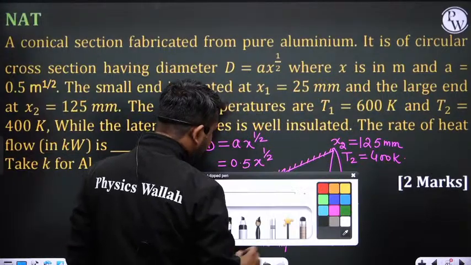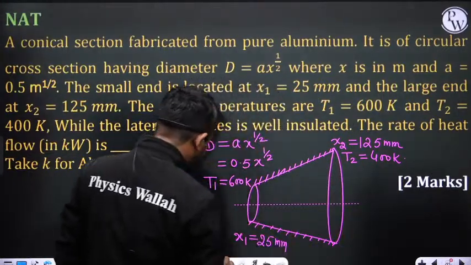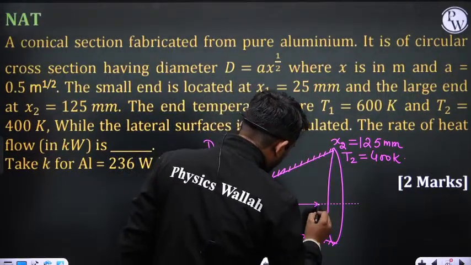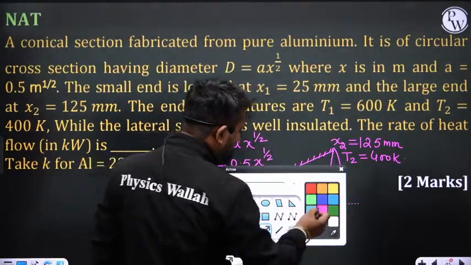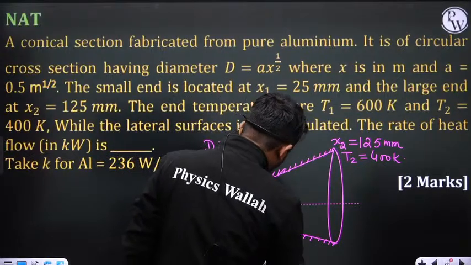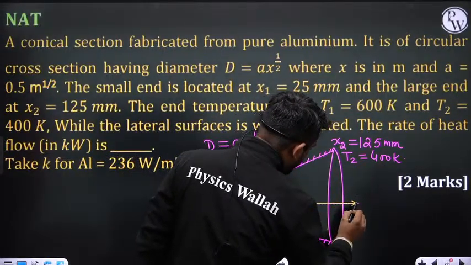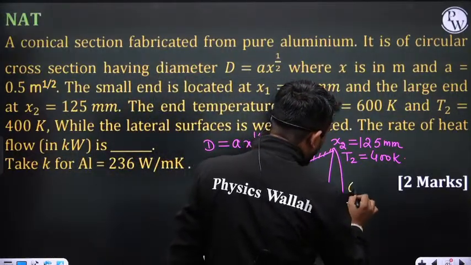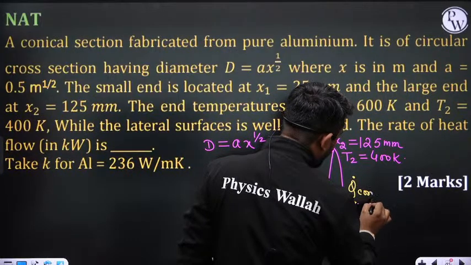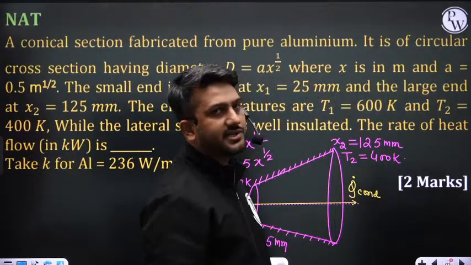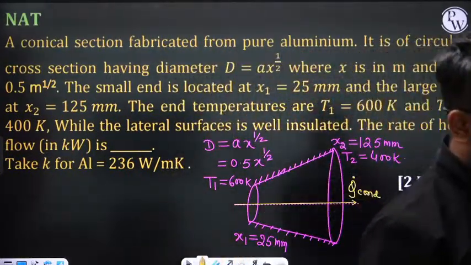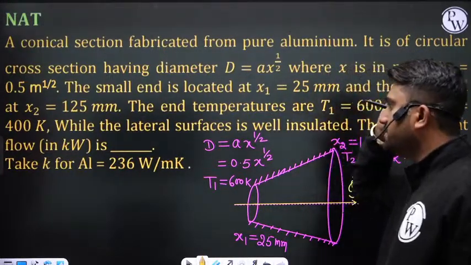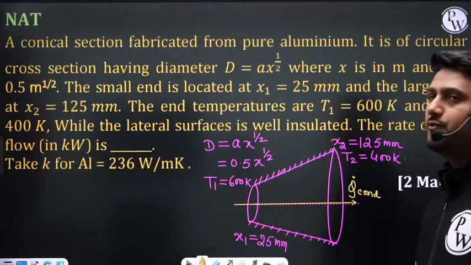So temperature difference exists, and because of the temperature difference, conduction heat transfer occurs through this conical section. So let us assume the rate of conduction heat transfer through this conical section is Q dot. Correct. Now in the question, this Q dot is asked. What is the rate of heat flow?